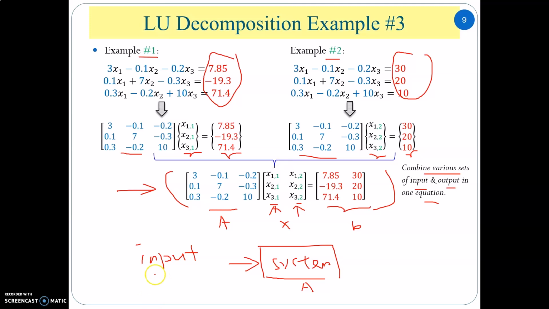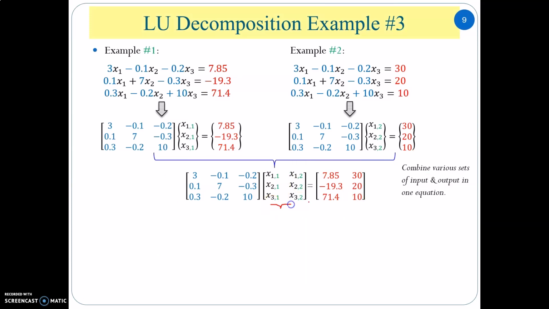So you should know when you give the input x at time equal to 1, which is this column, then you should obtain your output B at time equal to 1, which is this column. So if you give the second input, which is x2, to the system, then you have the output B2. And if you have additional input and output, you should continue to put in the additional column.